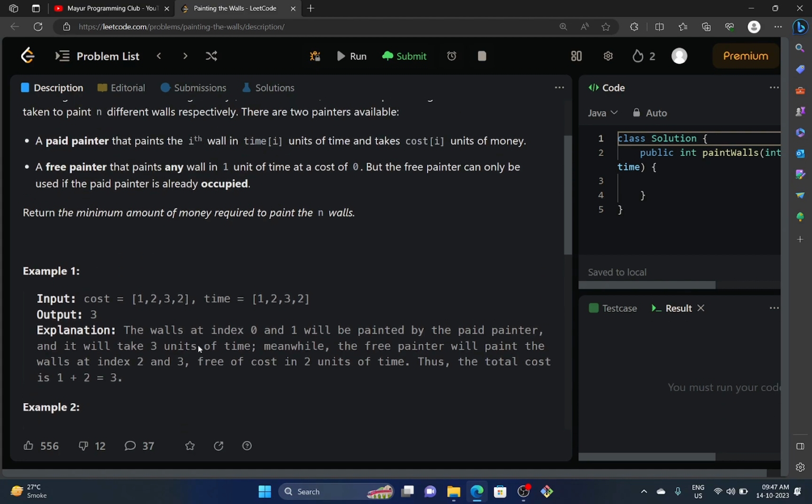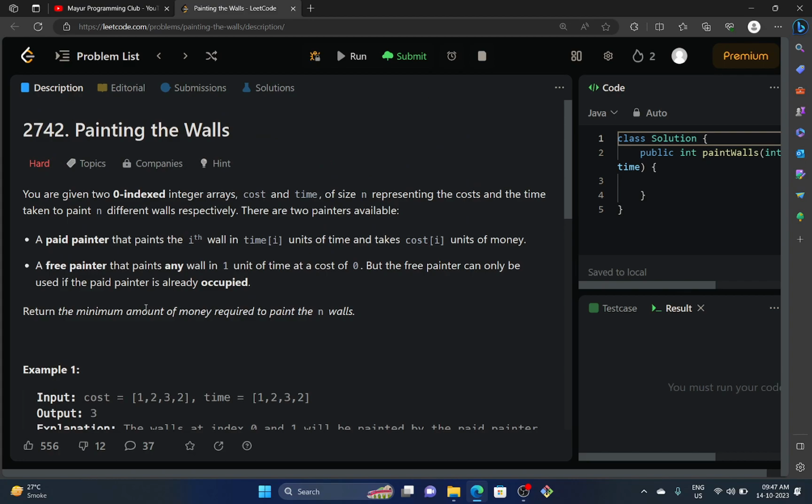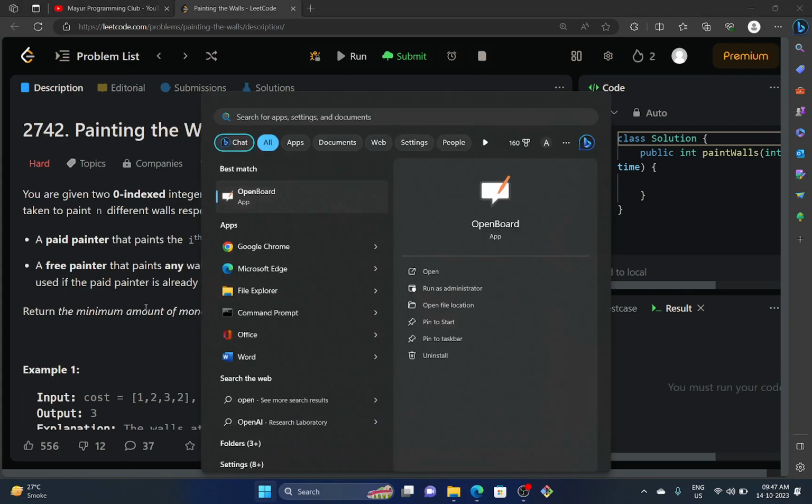The very first approach that may come to your mind is a greedy approach, but a greedy solution will not be possible here.